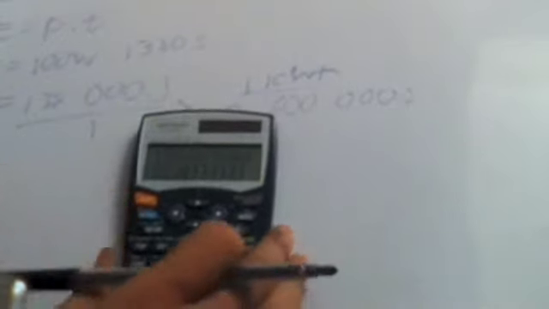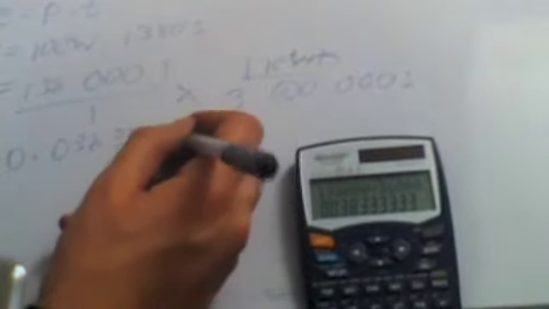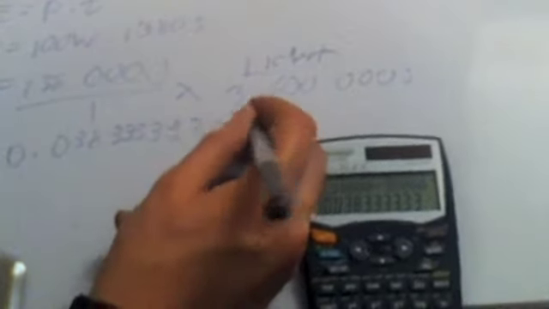And we find that the total number of kilowatt hours are equal to 0.038333333 kilowatt hours.